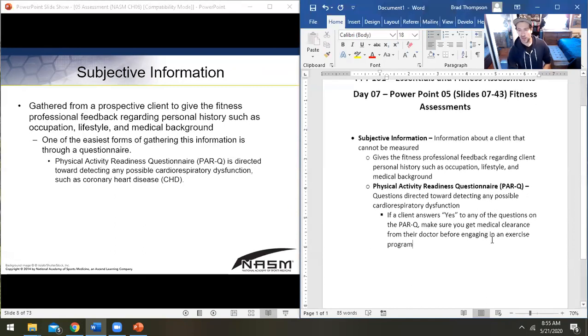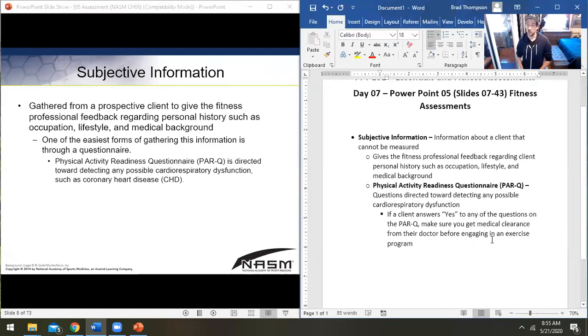So that's the big thing we need to remember about the PAR-Q. You want to always, always, always get permission from the doctor if they answer yes to anything.